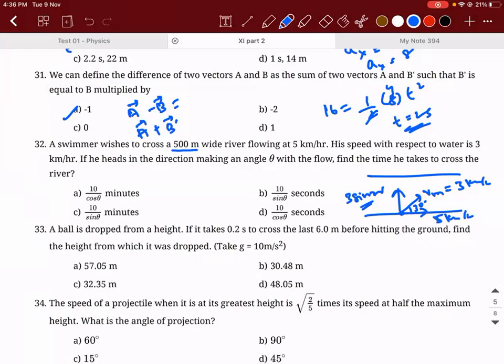Oh, theta, sorry. 3 sine theta. So this will be 3 sine theta. And this is 500 meters wide. So time is equal to distance by speed. So 500 divided by 3 sine theta.